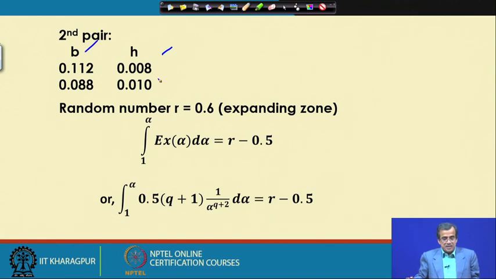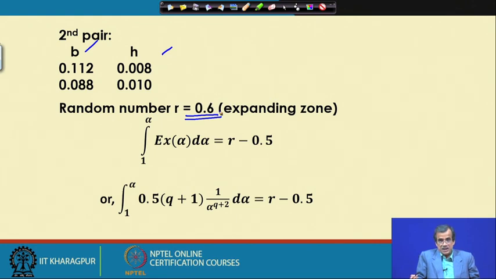Now, here the random number from that particular list is coming to be equal to 0.6 and that is more than 0.5. That means I am in the expanding zone of the distribution which I showed earlier.